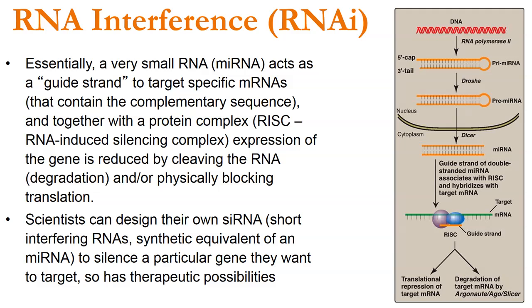So your cells can make a particular small molecule to actually turn it over. Where this really became super popular amongst biochemists and molecular biologists is you can take advantage of this, make your own microRNA, which we call an siRNA, and turn off whatever gene you happen to be interested in a cell.